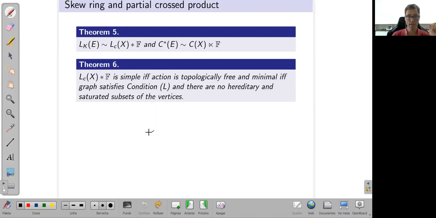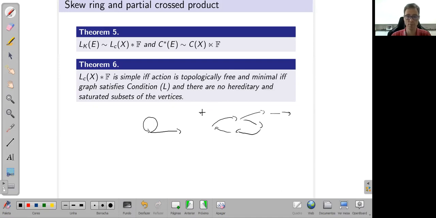Well, condition L means what? If I have a loop, it must have an exit. It could be something bigger, but it has to have an exit. So this is a purely combinatorial condition. And hereditary saturated sets, well, saturated is a little bit more, but it's also combinatorial.